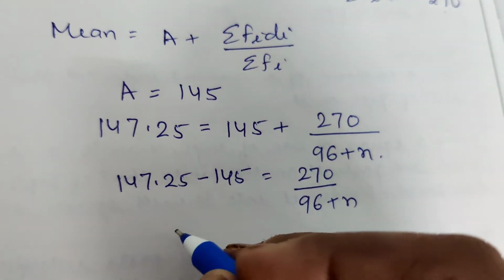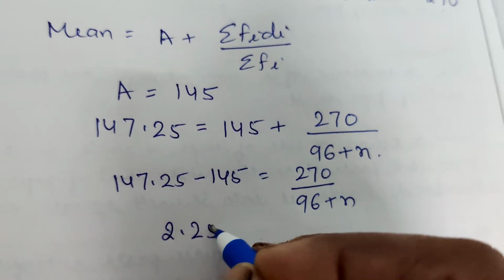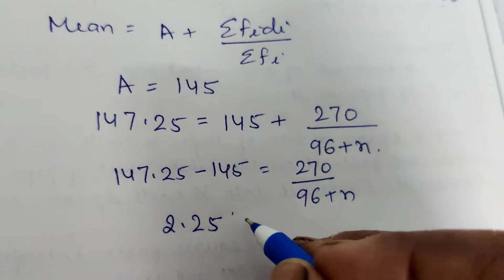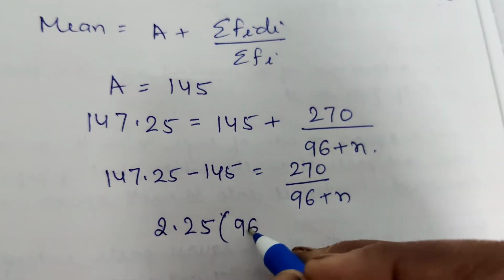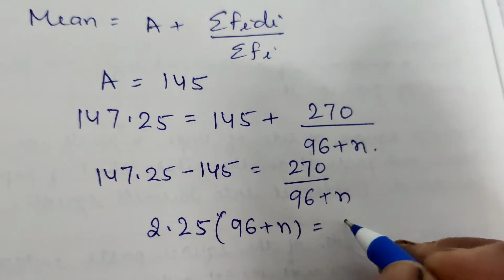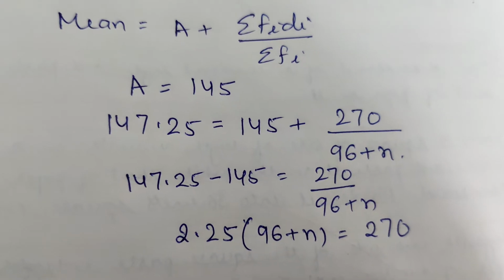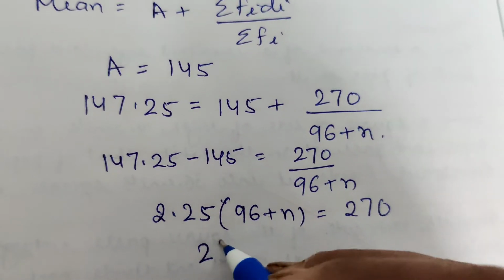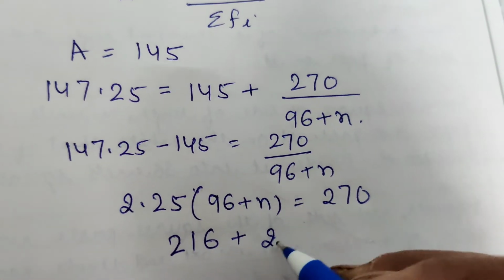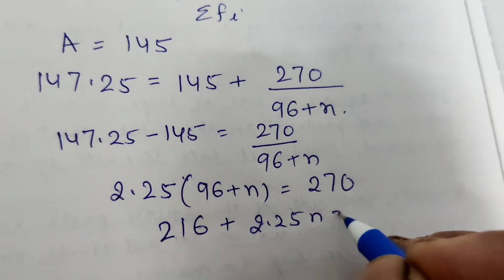So we get 2.25 into 96 plus n equal to 270. So 96 into 2.25 equal to, we get 216. 2.25 n equal to 270.